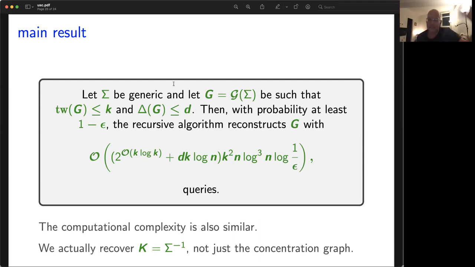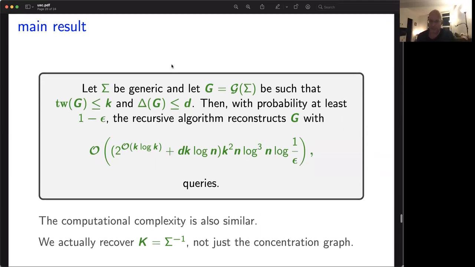Excluding cases like that, which are really exceptional, if we know that the underlying graph has treewidth at most k and degree at most d, then both the query complexity and the computational complexity are bounded by something like this.